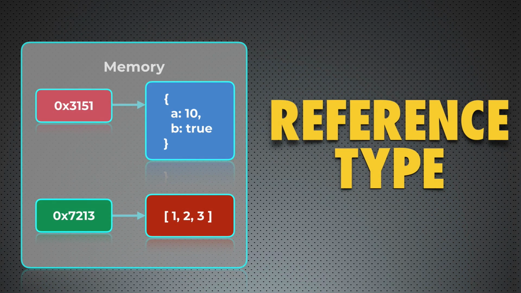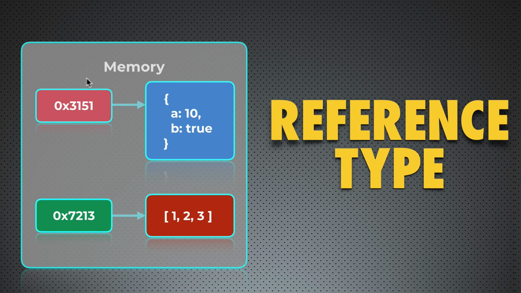And here are 2 examples. Now, values are not stored in the memory directly. Instead, they are stored in two separate places. Here you see a pointer, and this pointer points to a specific place in memory where the value of reference type object is stored.